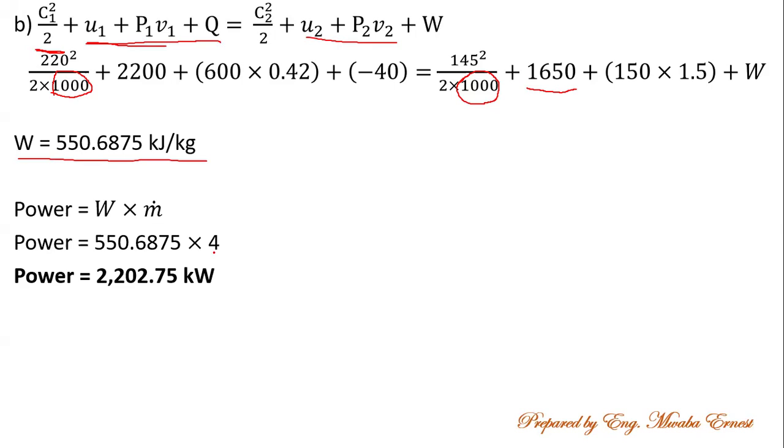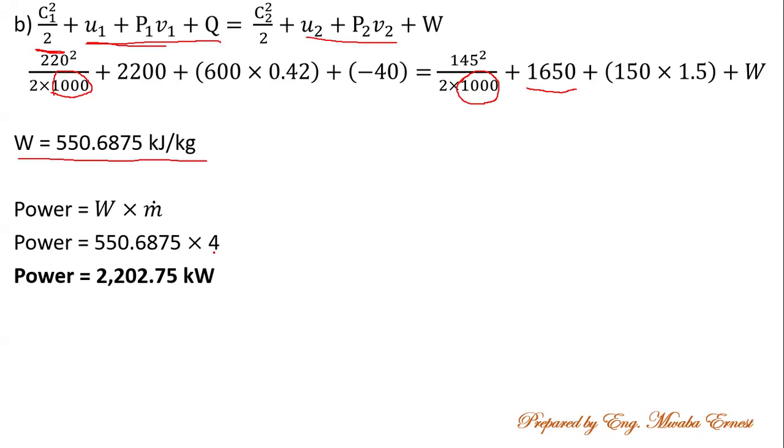Again, the question was also asking us to verify whether this work is coming from the system or entering the system. One thing we established when we were looking at the non-flow energy equation is that a system is supposed to do work, meaning there has to be a work transfer from the system, or in this case, power transfer.